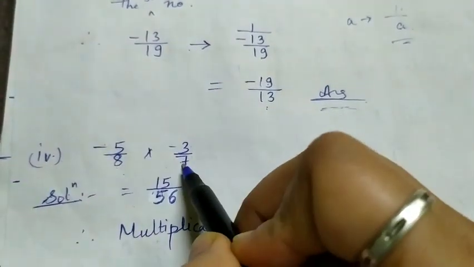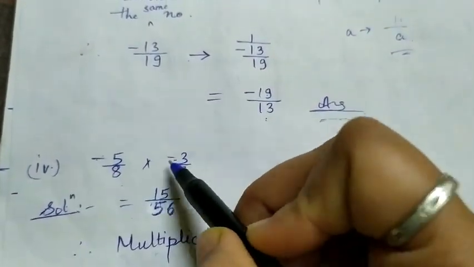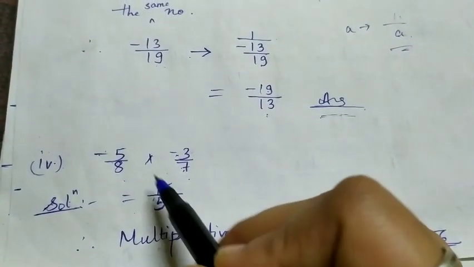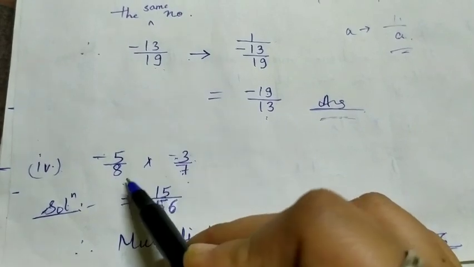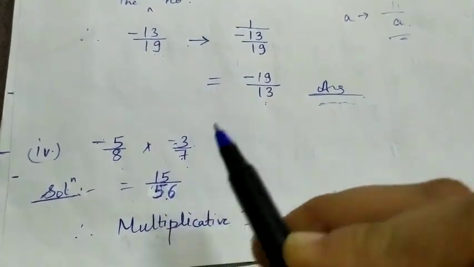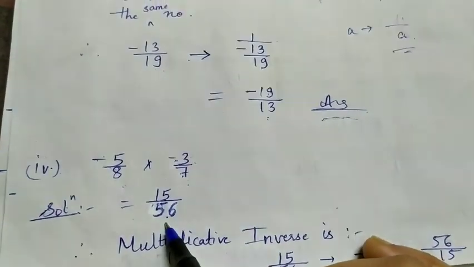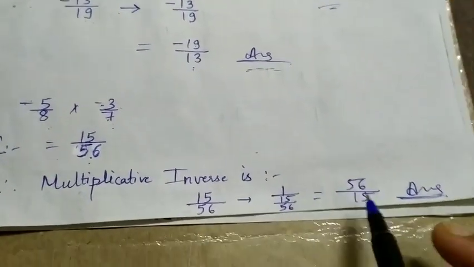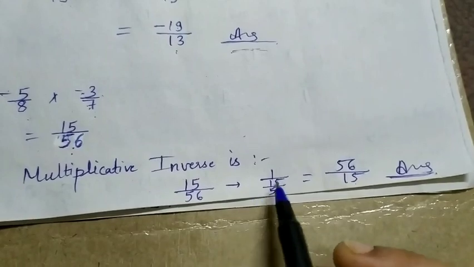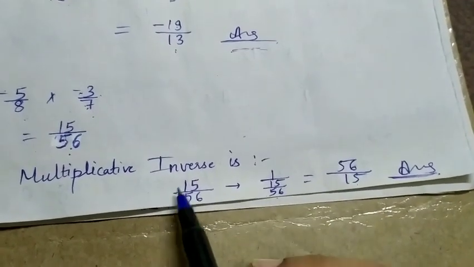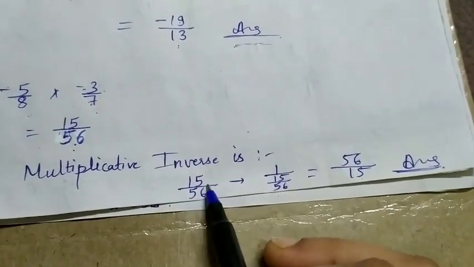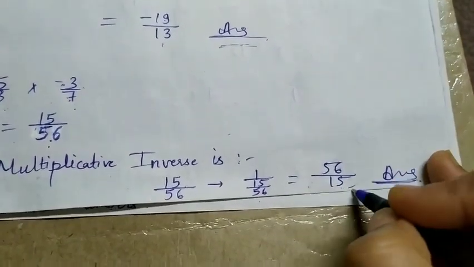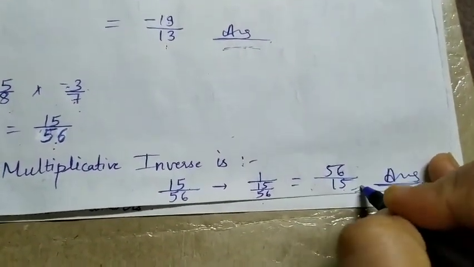First we'll simplify this number: minus into minus is plus, and 5 into 3 will be 15, 8 into 7 will be 56. So the multiplicative inverse of the number is 56 by 15. It will be just the reciprocal; we just change the numerator and denominator. So it is 56 by 15.